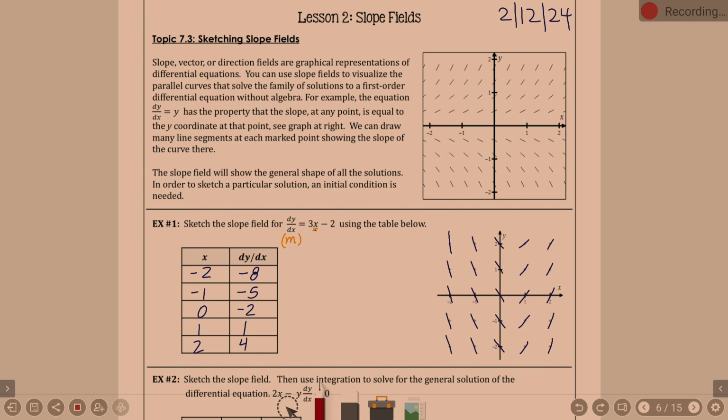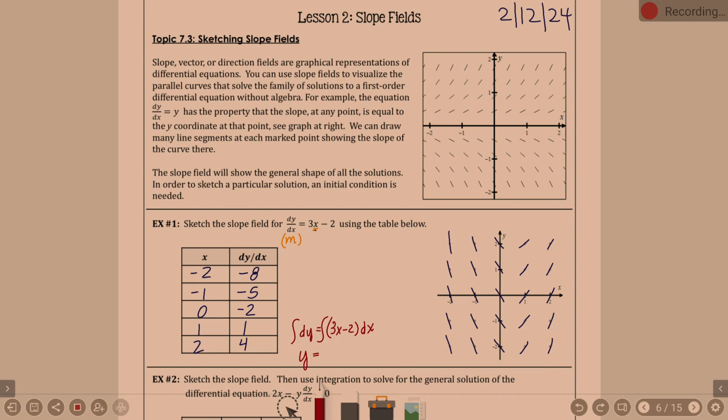Yeah. Okay. I can show that real quick. If I multiply the dx over, you've got dy equals (3x minus 2) dx. If I integrate that, the integral of dy is y.